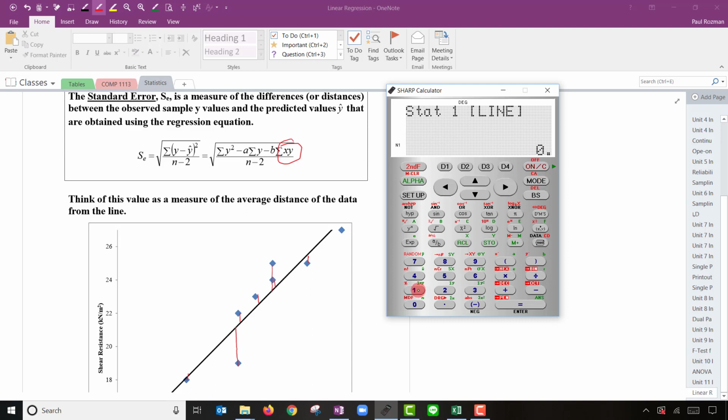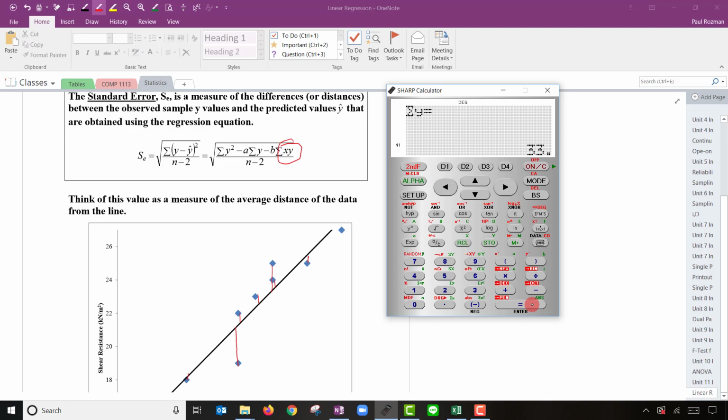And if we put some data in, say 1, 2, data, 2, 9, data, and 5, 22, data. So I have 3 values in there. If I want to know the sum of the products xy, it's under button 1, so alpha 1. And if I need to know the sum of the y values, that's under button 2, alpha 2.